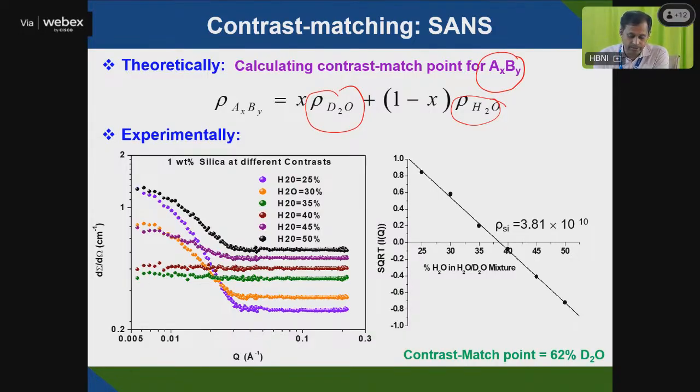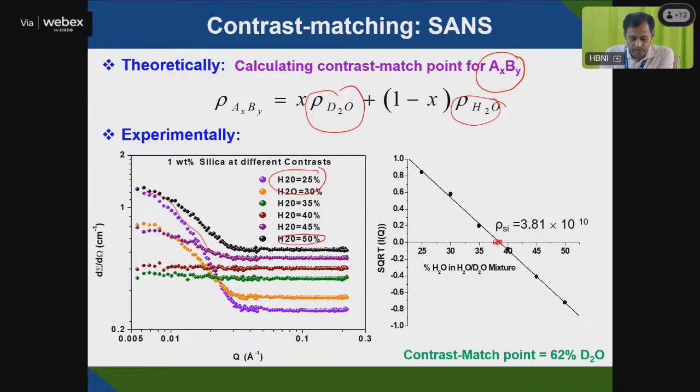You can see this experimentally here in 1% silica at different concentrations. This is 1% silica, with scattering intensity versus Q. You can see at a particular point, what happened is that with the ratio of water and D2O mixture, you are not able to see it, it is going to the crossing point. Here water is 50%, here water is 25%.